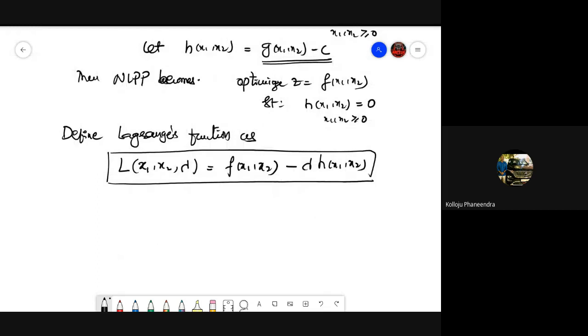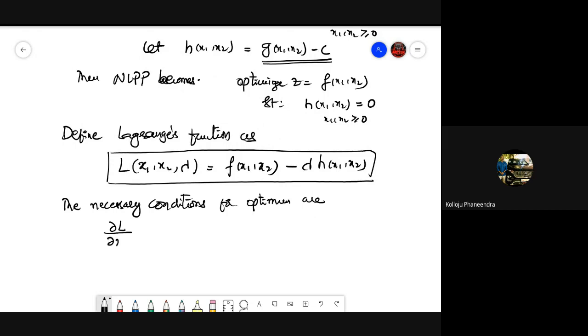Okay, got it? Then, as in first semester, we know the necessary conditions for optimum, meaning maximum or minimum. What are the conditions?